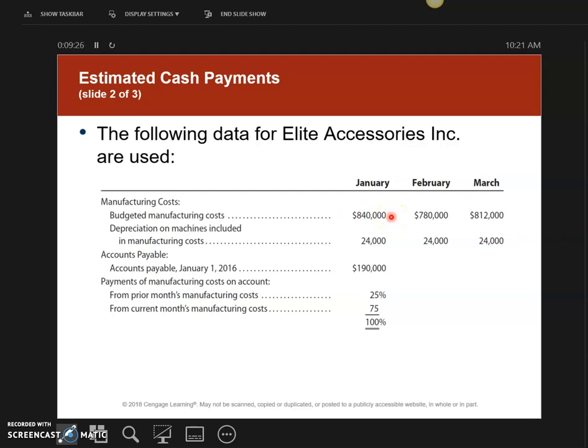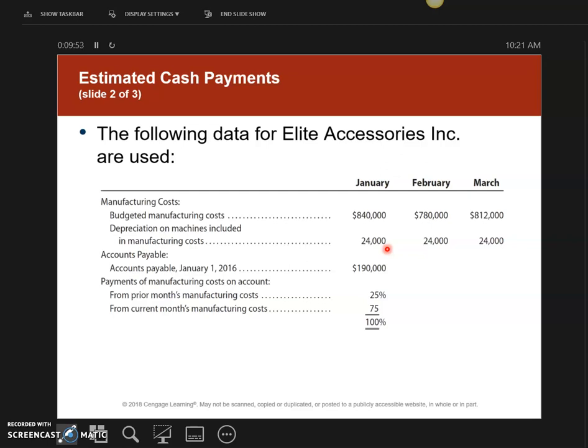These include direct materials and any factory overhead involved. Okay. Depreciation on machines. These are my costs for depreciation. Now, I'm going to ask you, do you remember what kind of cost is a depreciation?